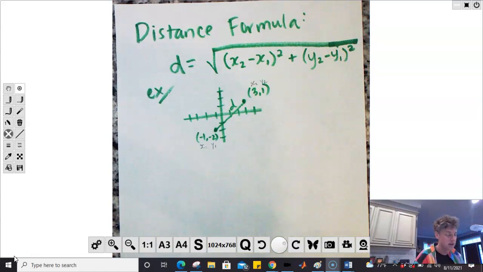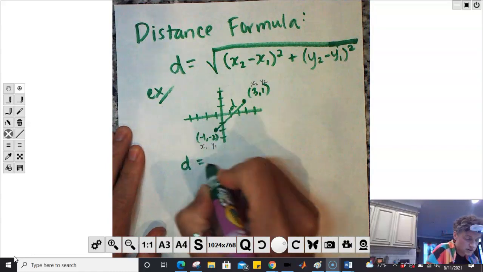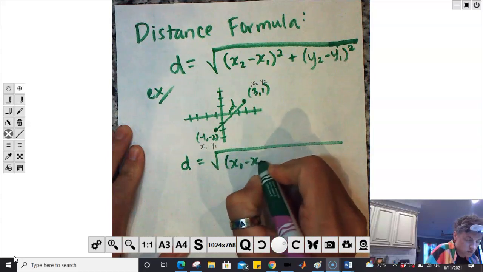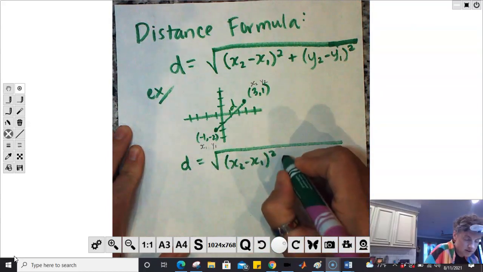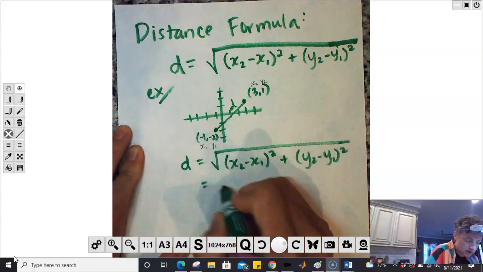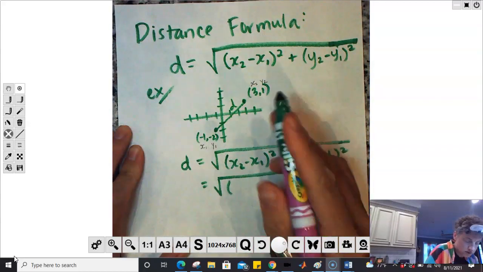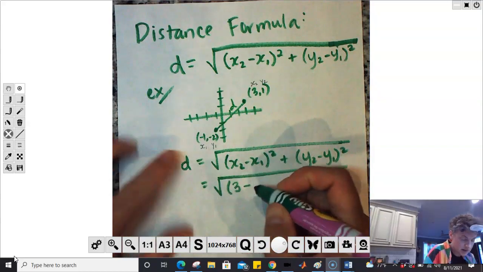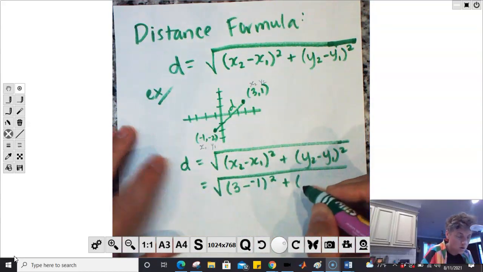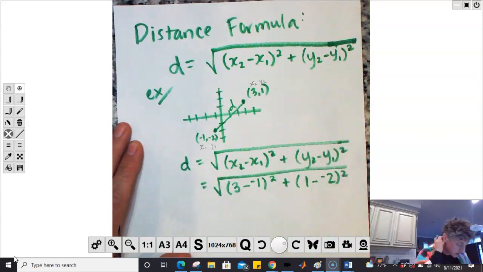And it's time, scholars, to do some plugging and chugging. Our distance formula, as we just wrote out before, is quantity x2 minus x1 squared plus quantity y2 minus y1 squared, and we'll plug in our numbers, and we'll have x2 was 3 minus -1 squared, plus y2 is 1 minus -2, and square it.